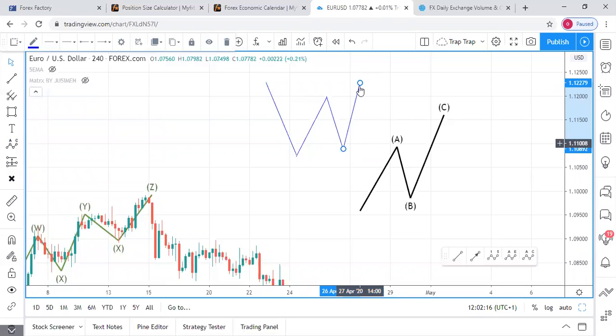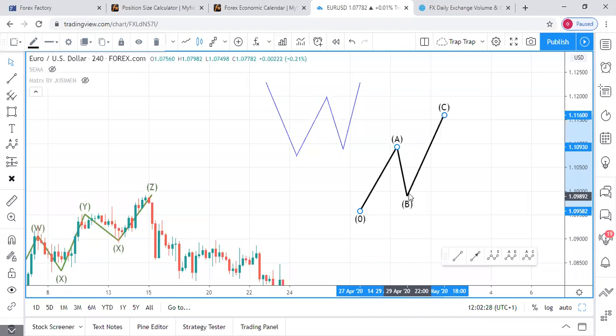You want to see this starting from point 0 to A, from A to B. You want to see that B did not take out 0, meaning there is a higher low. Then you want to see C taking out A, meaning there is a higher high. Then you can now say, okay, this is now an official uptrend.